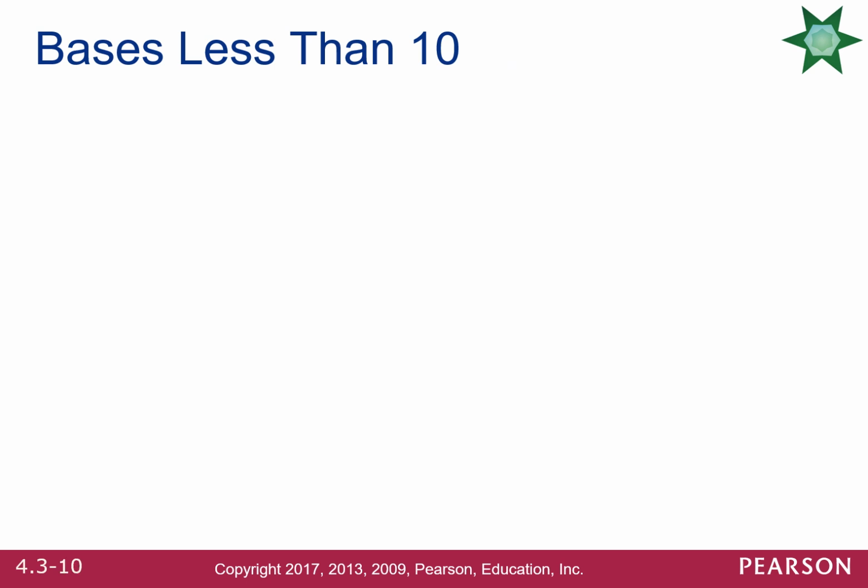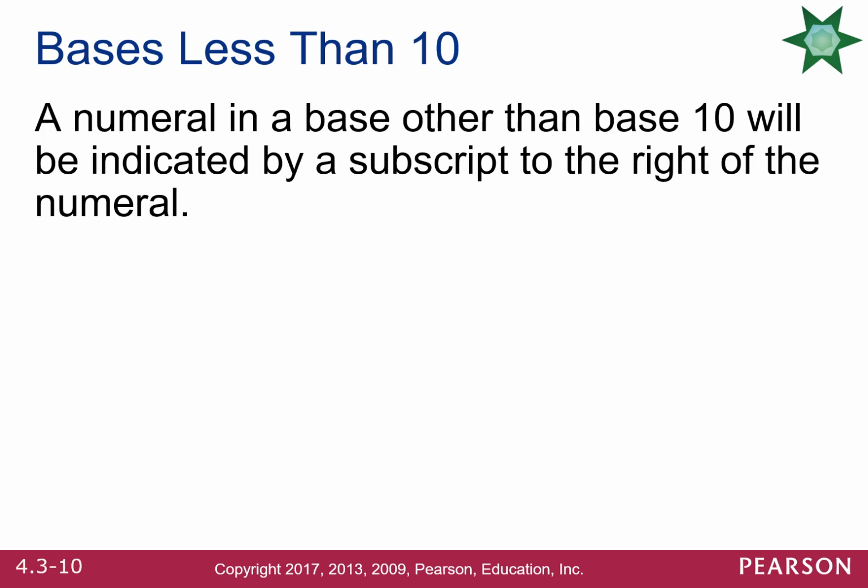Now, when we are working with numbers of different bases, then we have to indicate somehow what base is associated with a particular number. So it says here a numeral in a base other than base 10 will be indicated by a subscript to the right of the numeral.